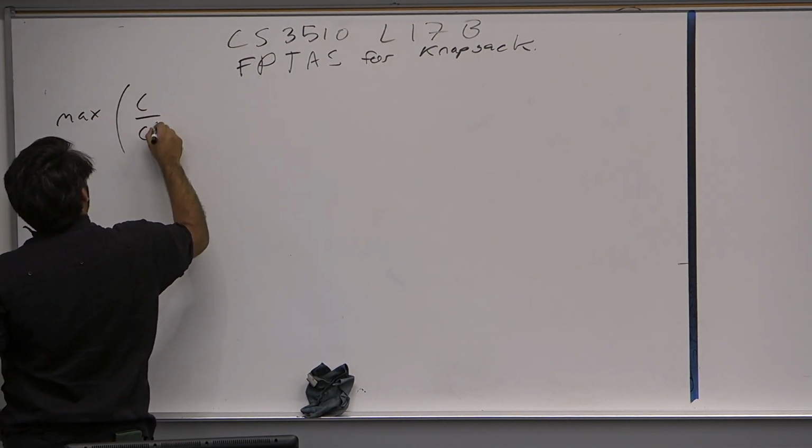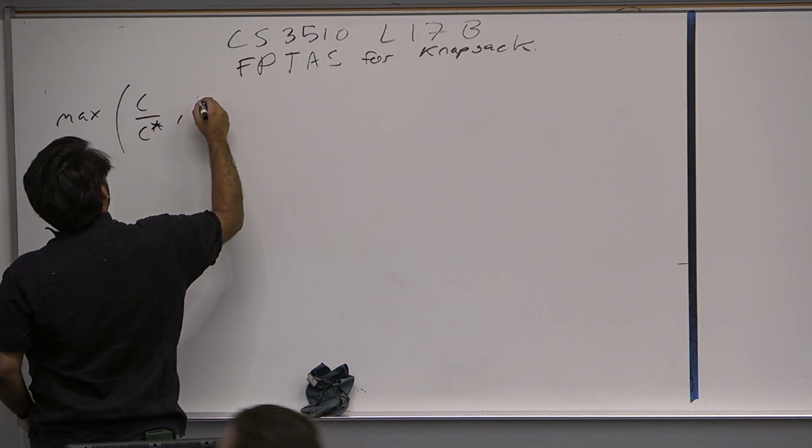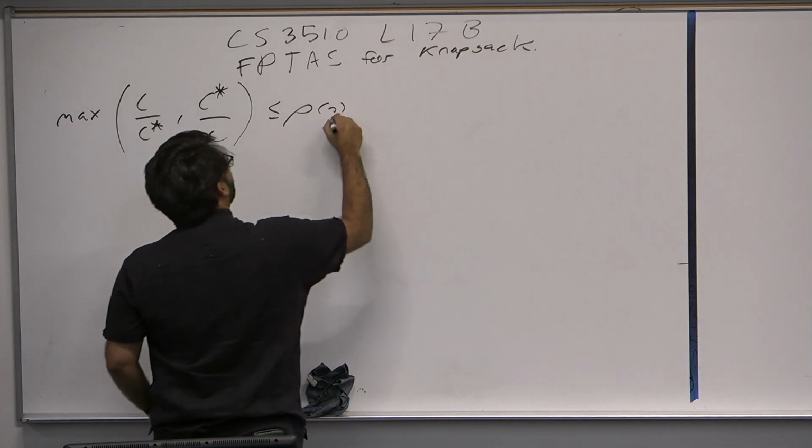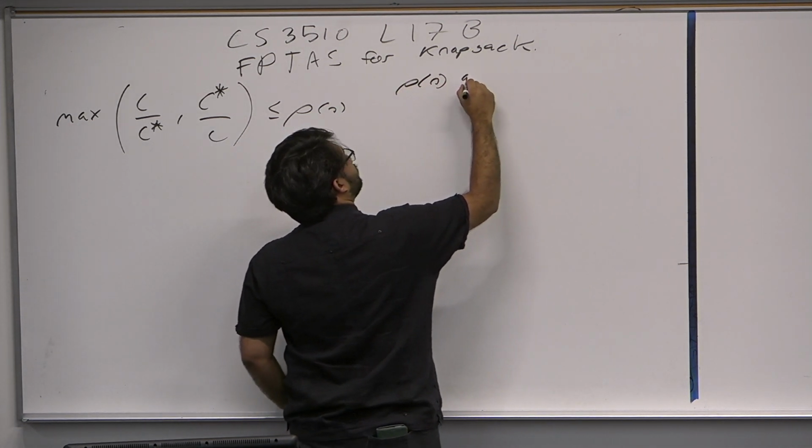approximation ratio based on how close its solution is to optimal. And we say that's the rho of n, and we call it a rho of n approximation algorithm.